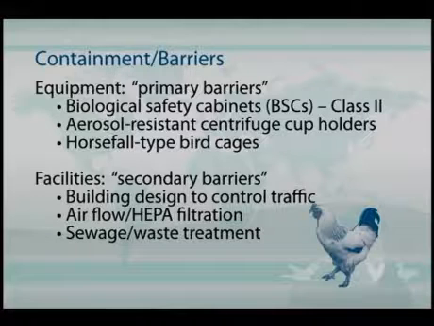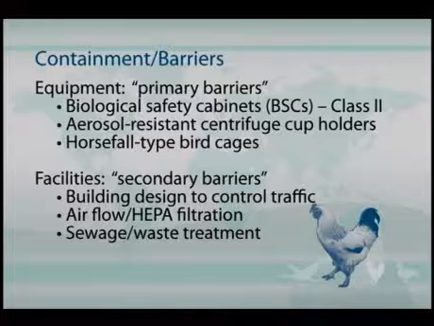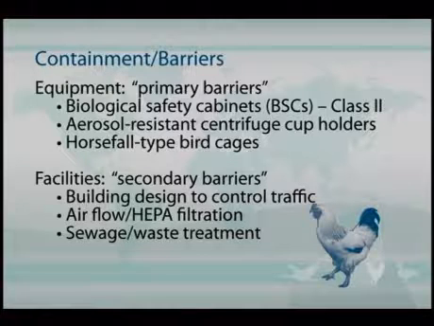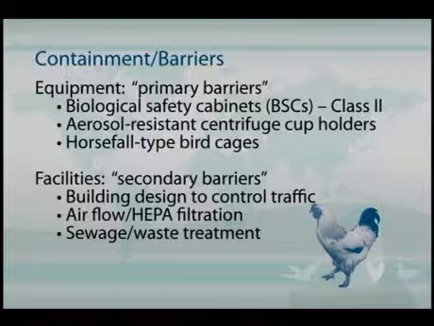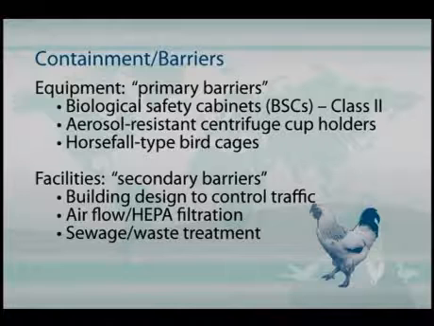That in itself is the first means of reducing exposure to people, but also the facilities. The HEPA filtration of the air exiting that room or that building can prevent escape of that agent from the building itself. And then of course, in many cases where BSL-3 enhanced is required, the waste from that building or room must be treated before it goes into any sanitary sewer system.